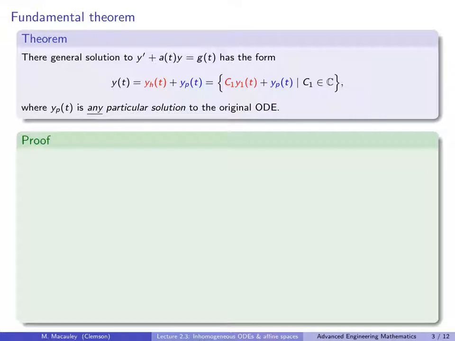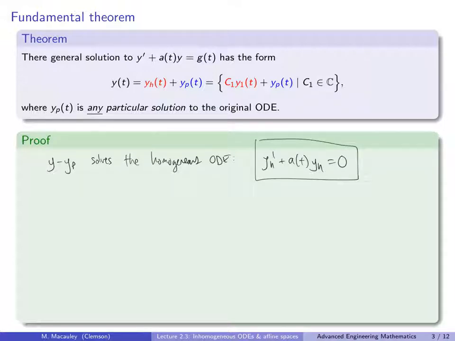So let's do that. So let's take y minus y_p, and I claim that this solves the homogeneous ODE. In other words, y_h prime plus a of t y_h equals 0. So why is that?